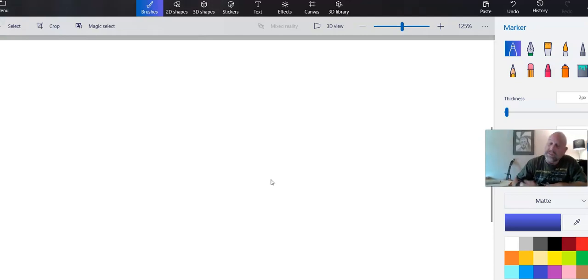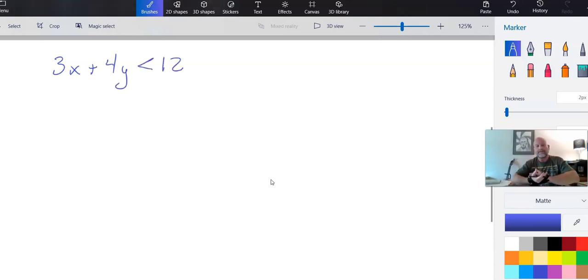Let's change forms. We did slope-intercept form before. Let's try standard form. So let's say I have 3x plus 4y is less than 12. Okay, so remember the procedure here. We want to graph it as a line.